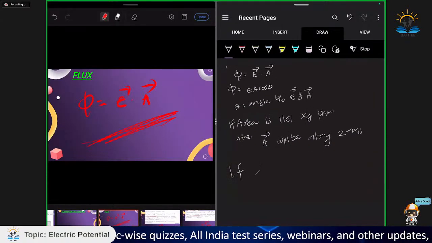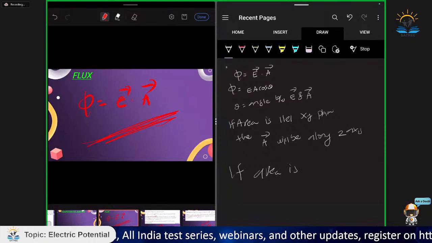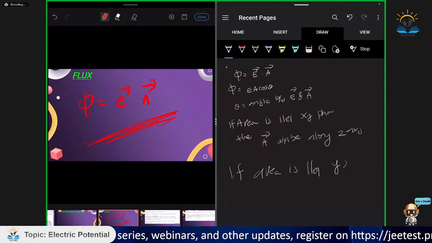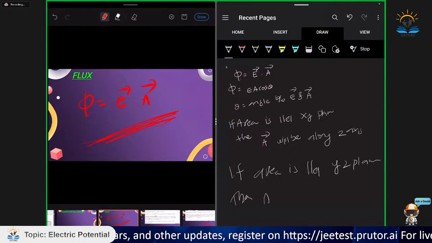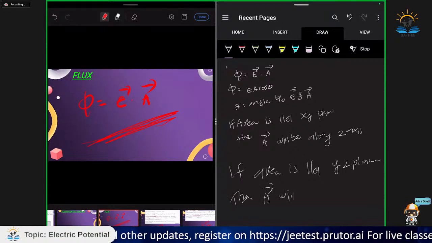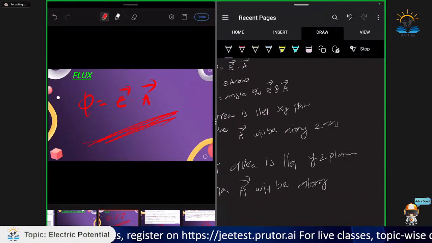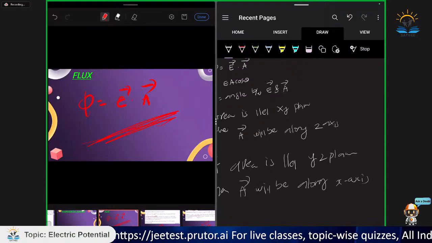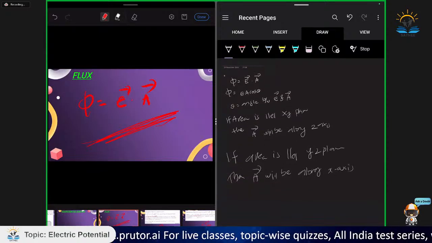Similarly, if the area is parallel to the YZ plane, then the area vector will be along the x-axis. Easy.